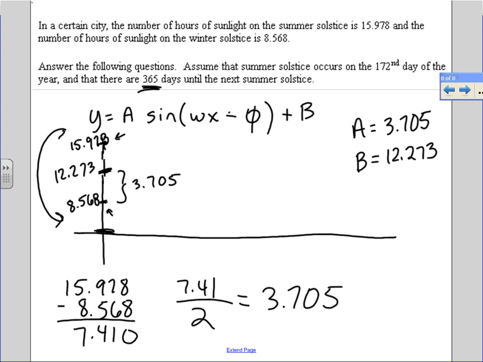Now, let's find the other values that we need. The easier one is definitely to find the omega variable, and what we can do is find it from the period. We haven't really mentioned anything about the period here. Let's think about it from what the problem says.